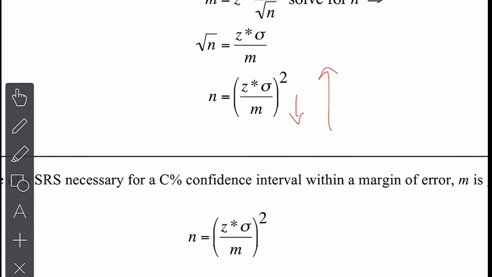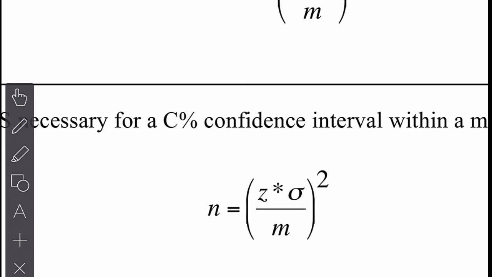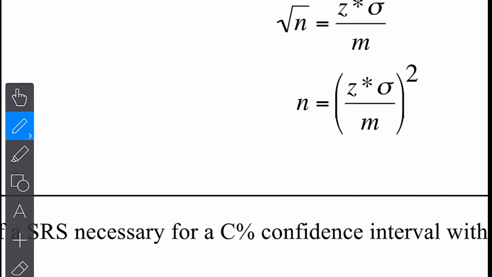So let me make that bigger so it's easier for me to write. More precision, decrease m, which increases n.